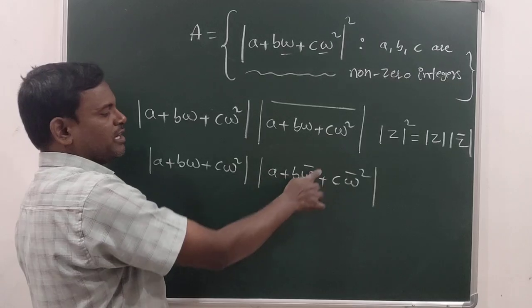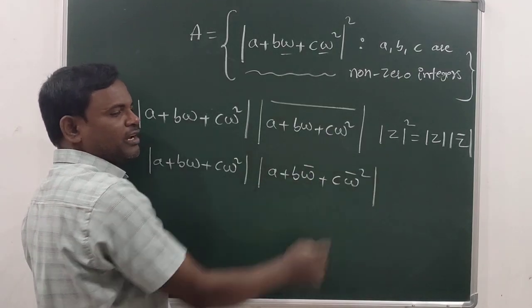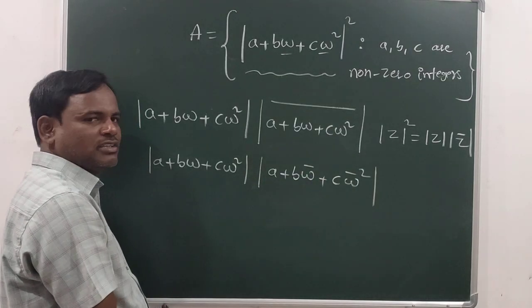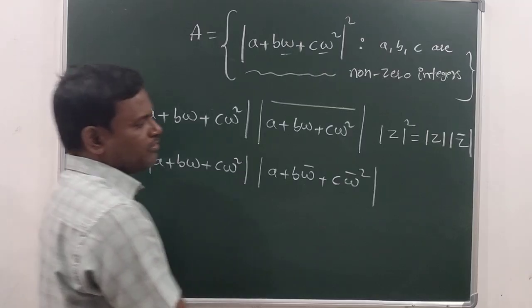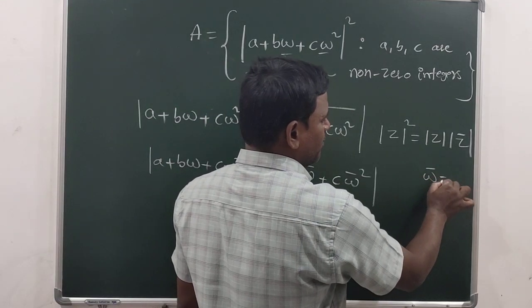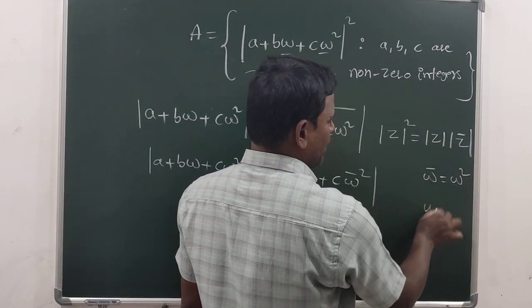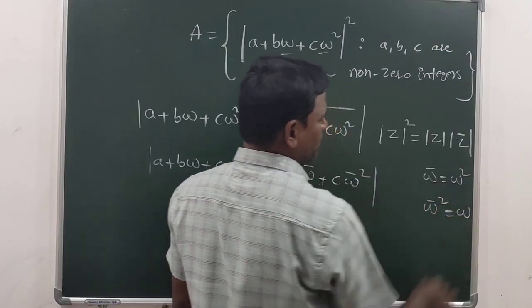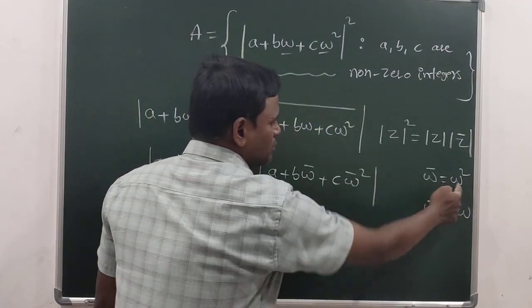This is b omega bar and this is c omega bar square. Just now I said omega bar can be written as omega square and omega bar square can be written as omega, because both are conjugates of each other.